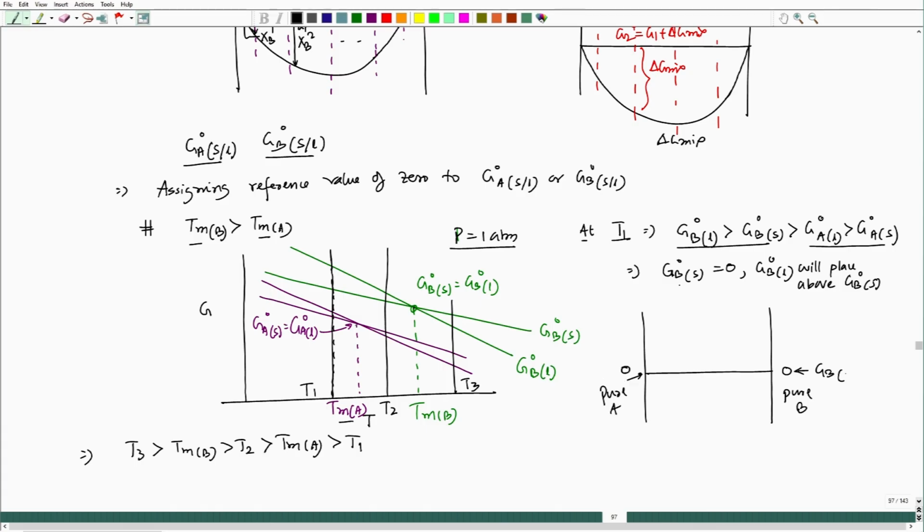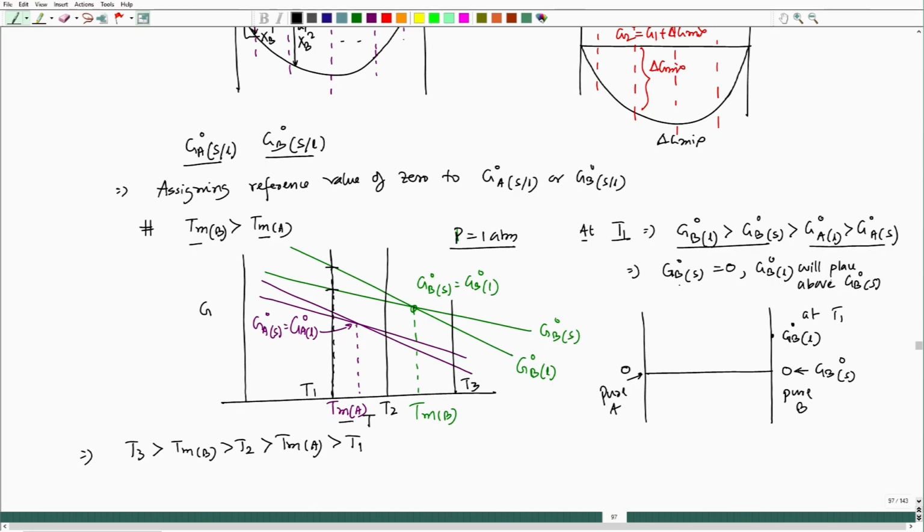So, I can put it as the S^0 at T1, and then correspondingly the liquid value of B would be here, G_B^0 liquid, coming from these two quantities.